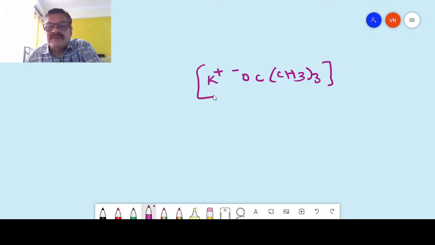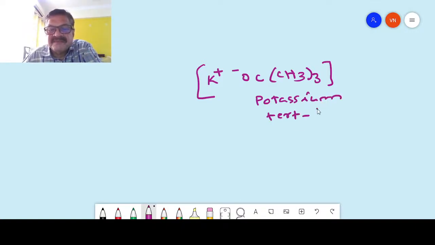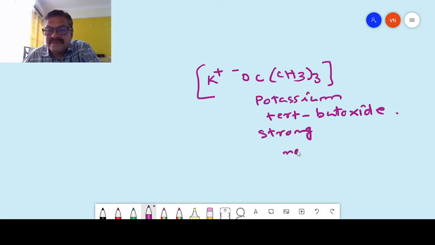Okay, this is the compound here. So, it is a strong non-nucleophilic base, potassium tertiary butoxide.